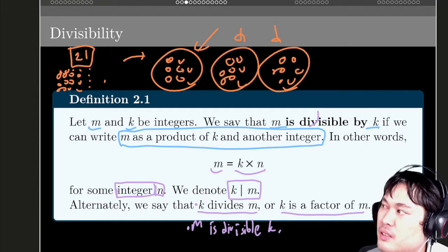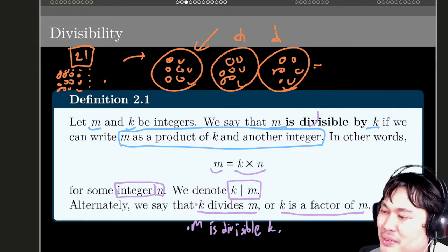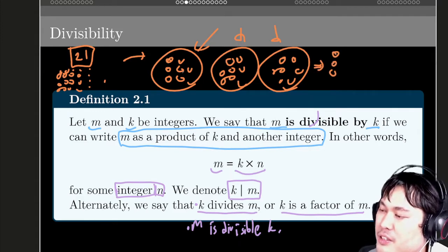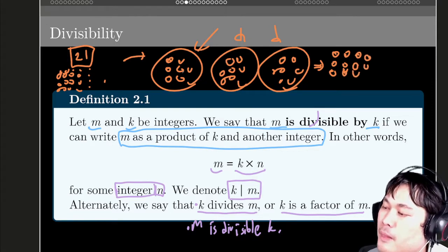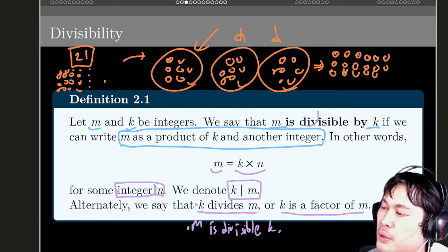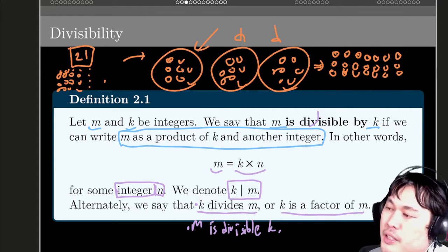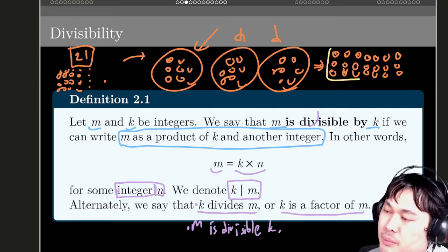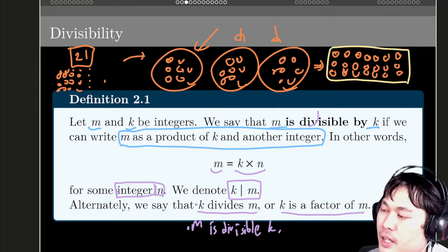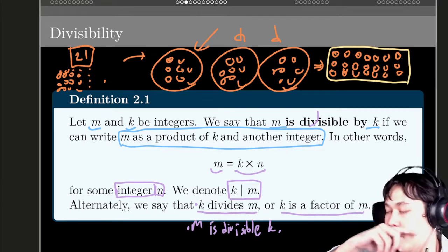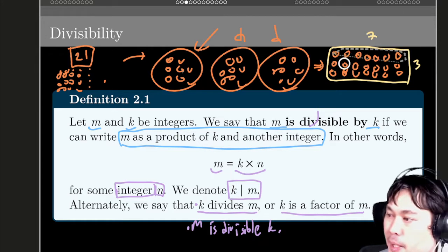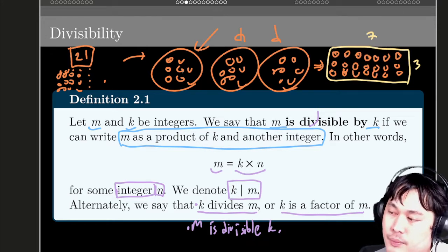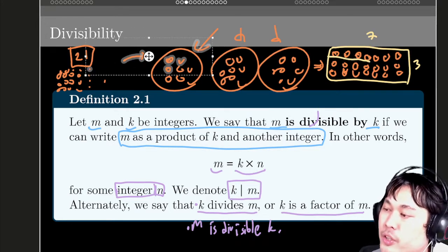And the more visual one is to arrange them in rectangles. So if you can arrange the numbers or the dots as a rectangle, then you can divide them by either side. In this case, there are 3 rows, so you can divide that number into 3 groups.